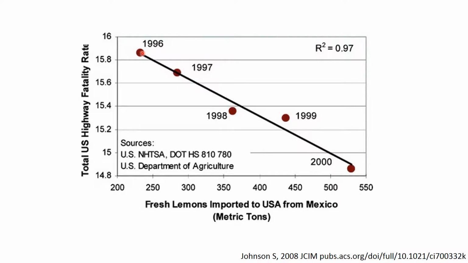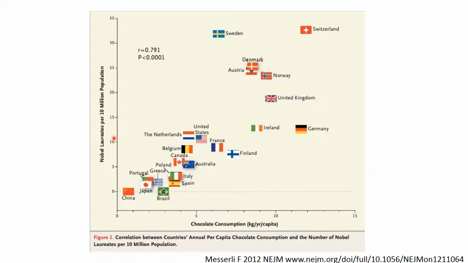So it just happens that from 1996 to 2000, the USA has been importing more and more lemons for whatever reason. Really like gin and tonics, and over that time, for maybe some other completely unconnected reason, their roads have become slightly safer.